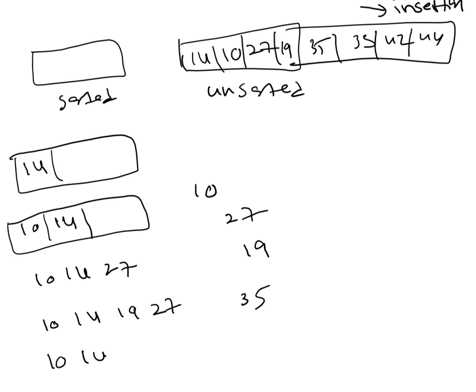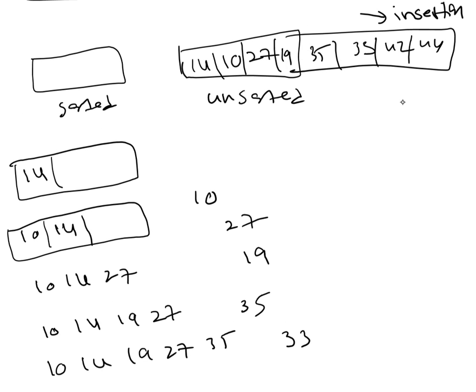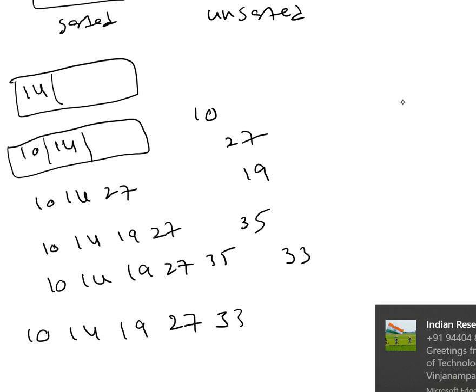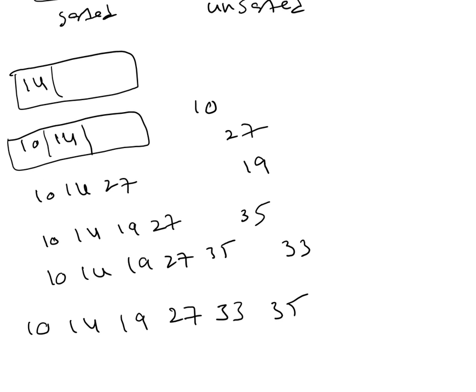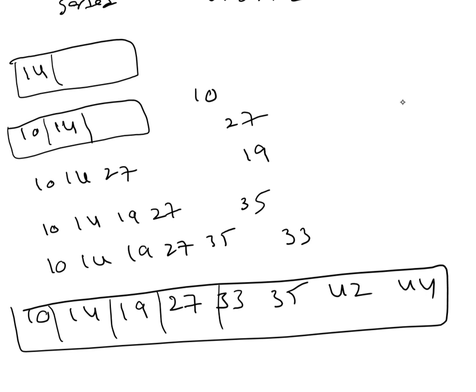So 10, 14, 19, 27, 35. Next I am taking 33. So now the array will be 10, 14, 19, 27, 33, 35. I am inserting the element wherever required. Next 42. Automatically 42 will be here, 44 will be here. Now these elements are in sorted order.